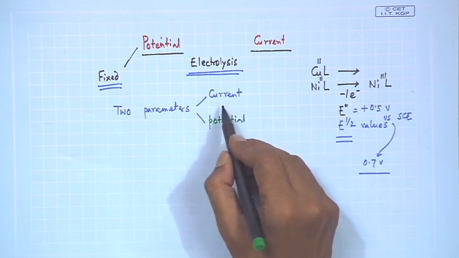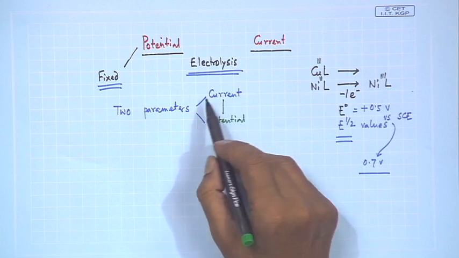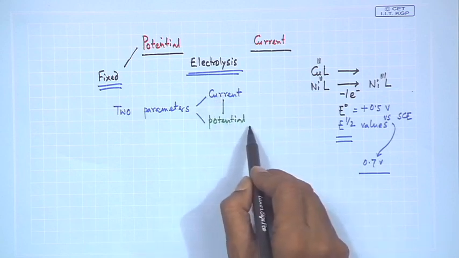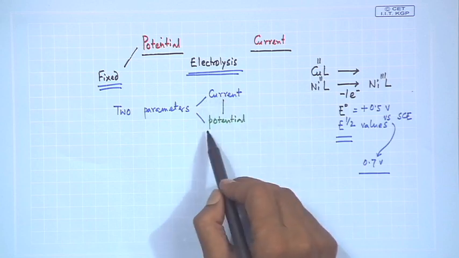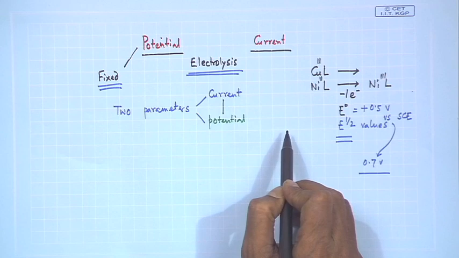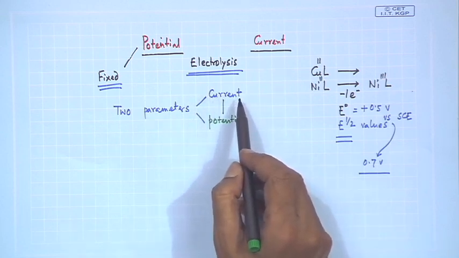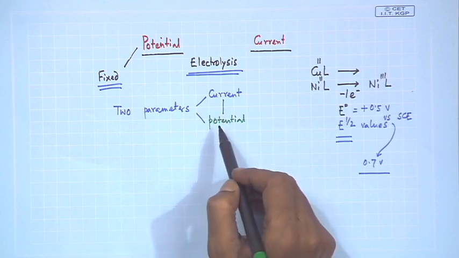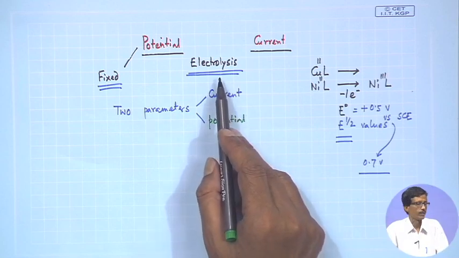So if in any situation we can see how the current is changing with respect to the change in the potential values, both these parameters can be dynamic ones. You just scan the potential, and how the current within the circuit changes will give some important or interesting information related to our electrolysis.